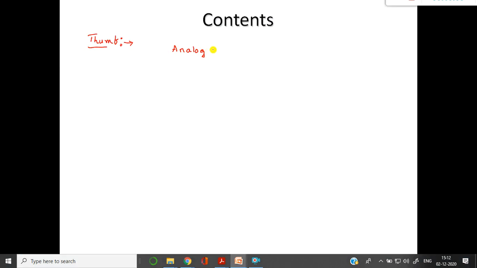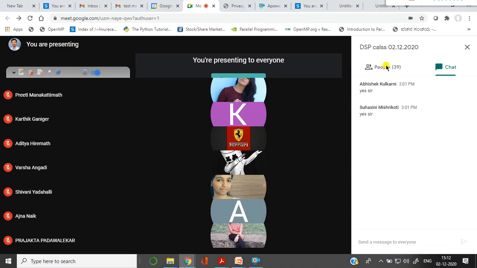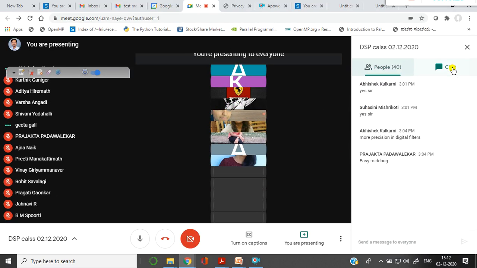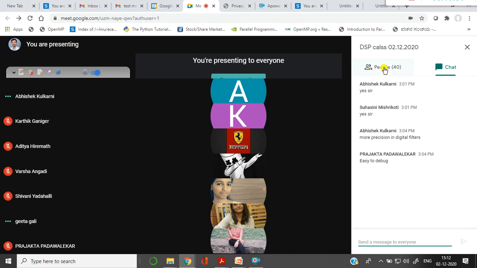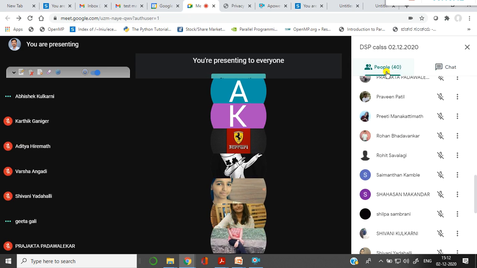Analog filter. So, what is the mathematical representation of this analog filter? Can anyone answer? What is the representation of an analog filter? How do you represent it mathematically? You already wrote about this.